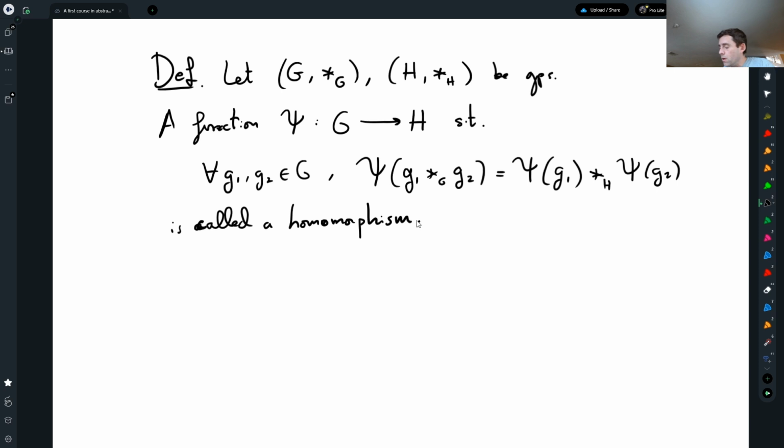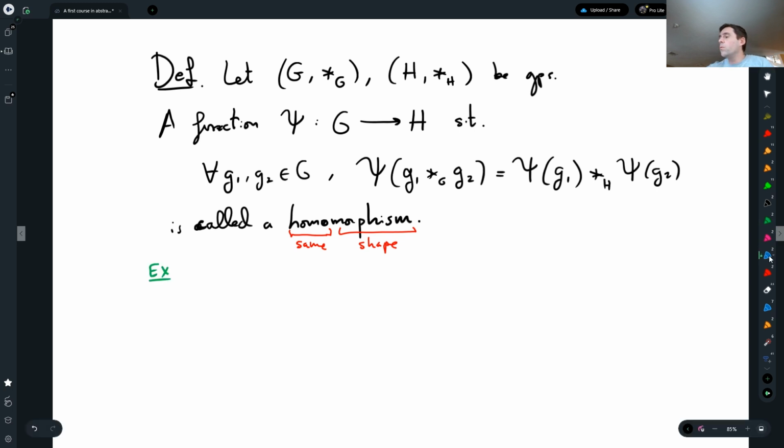Homomorphism, which, by the way, means same, and this is shape. So we're saying they're homomorphic if somehow they have the same shape or similar shape. And let me give you an example of a homomorphism.